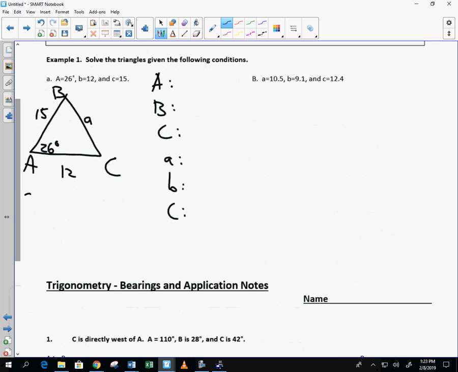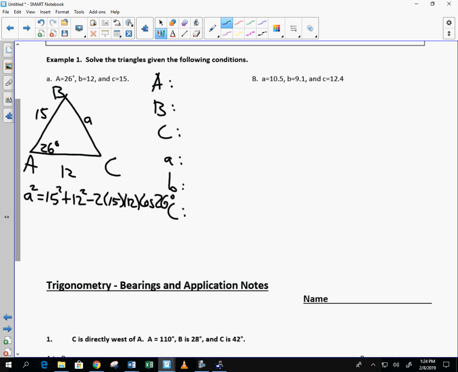I'll set up an equation. A squared is equal to what? 15 squared plus 12 squared minus 2 times 15 times 12 times the cosine of, Emma, I was throwing it back at you because you loved that 26 earlier, so that's where the 26 goes.